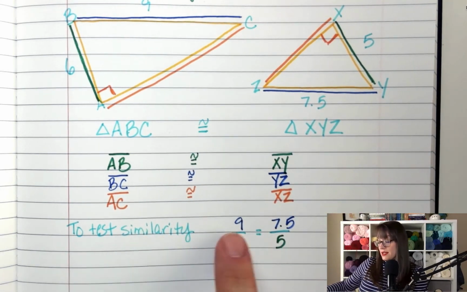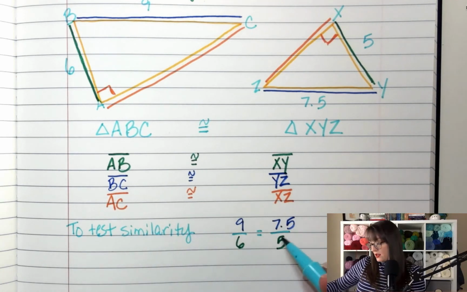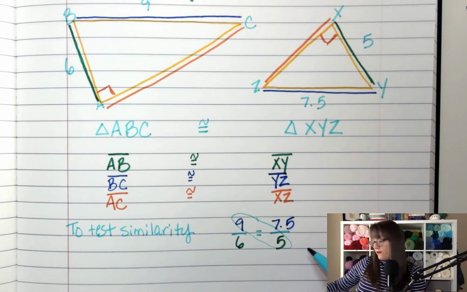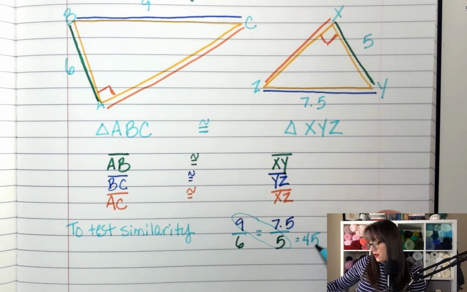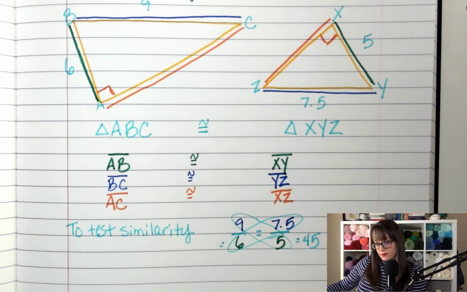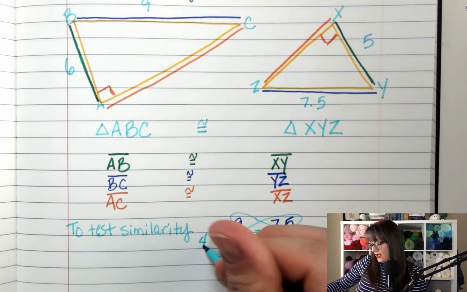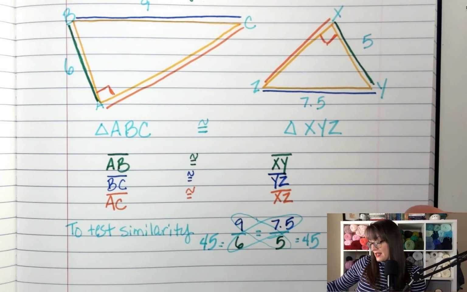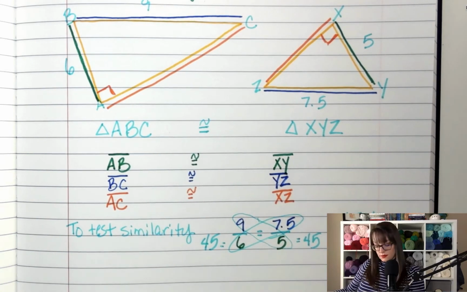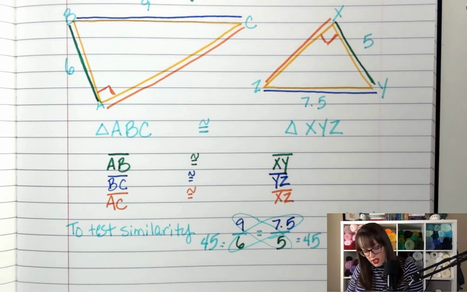Now, to test similarity, I'm going to cross multiply these. So 9 times 5 is 45. What about 7.5 times 6? It's also 45. So yes, these are similar.